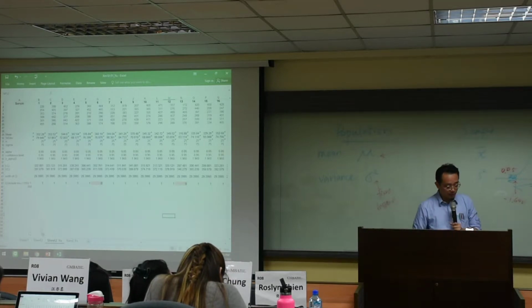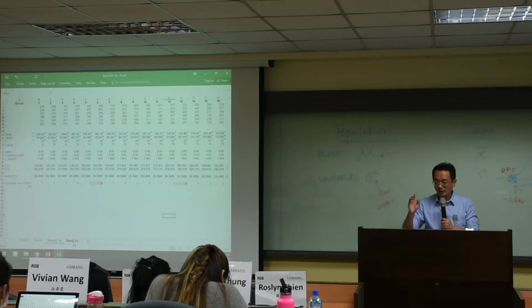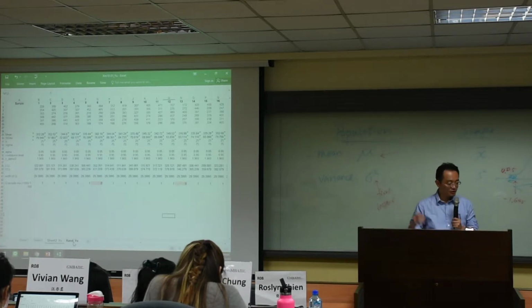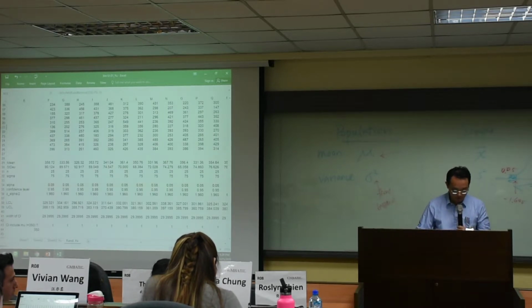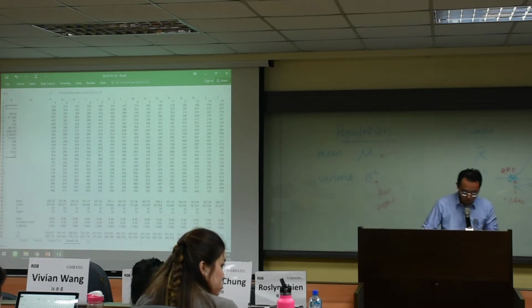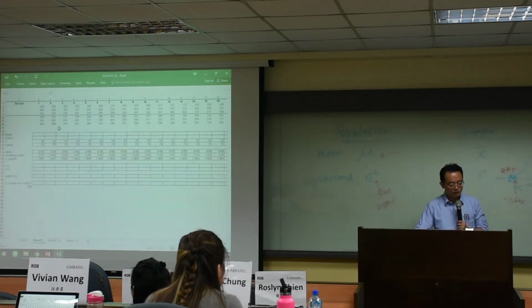Okay, so I would like to show you if we can play these kinds of random samples several times. So how do we get these values? Okay, so in this sheet in your exercise, you got the fixed numbers, right?